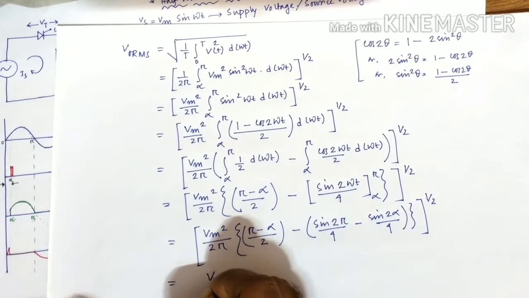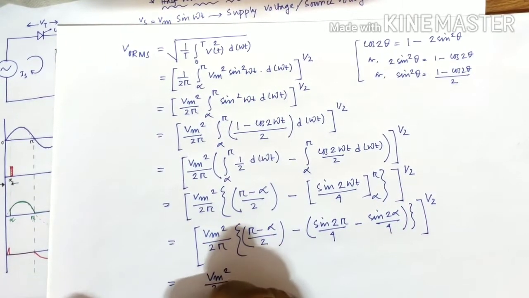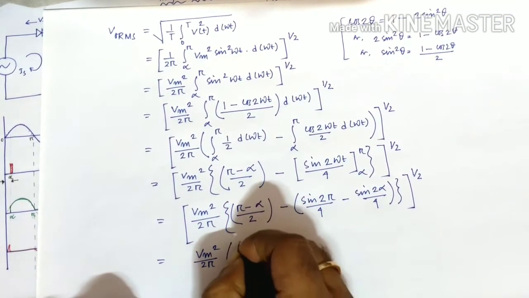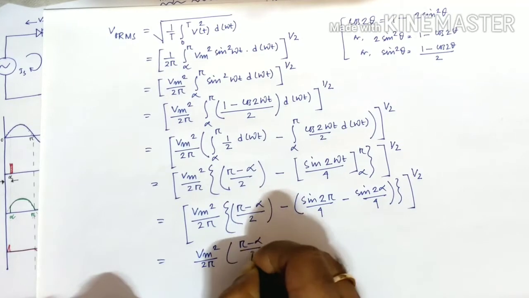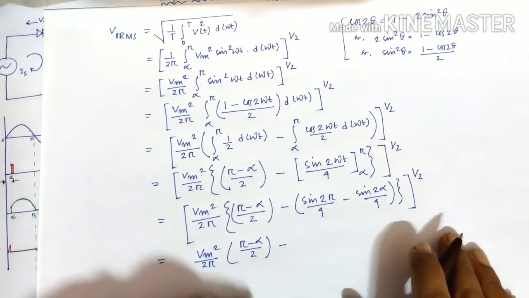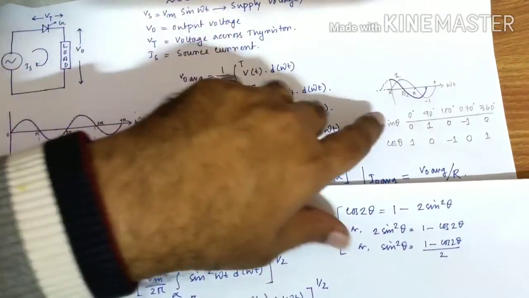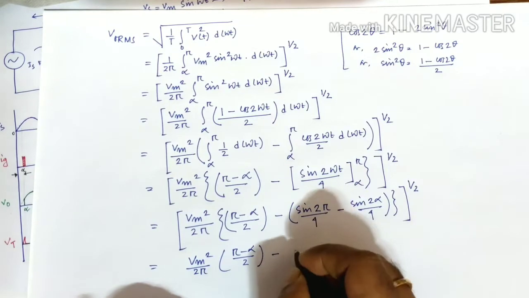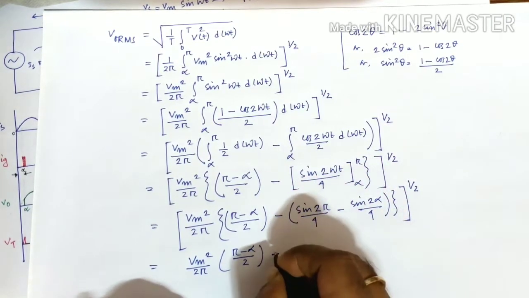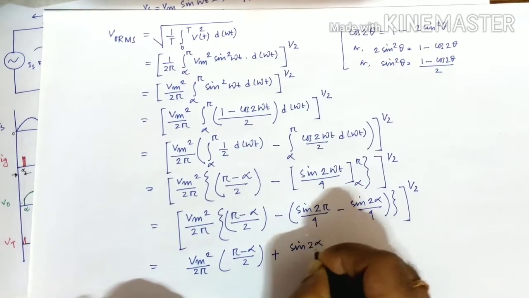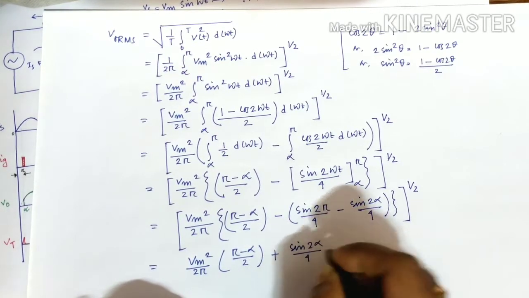Now Vm square by 2 pi, (pi minus alpha) by 2, sine 2 pi, already I have done this one, sine 2 pi is 0, so this one becomes 0, minus minus plus, this is sine 2 alpha by 4.